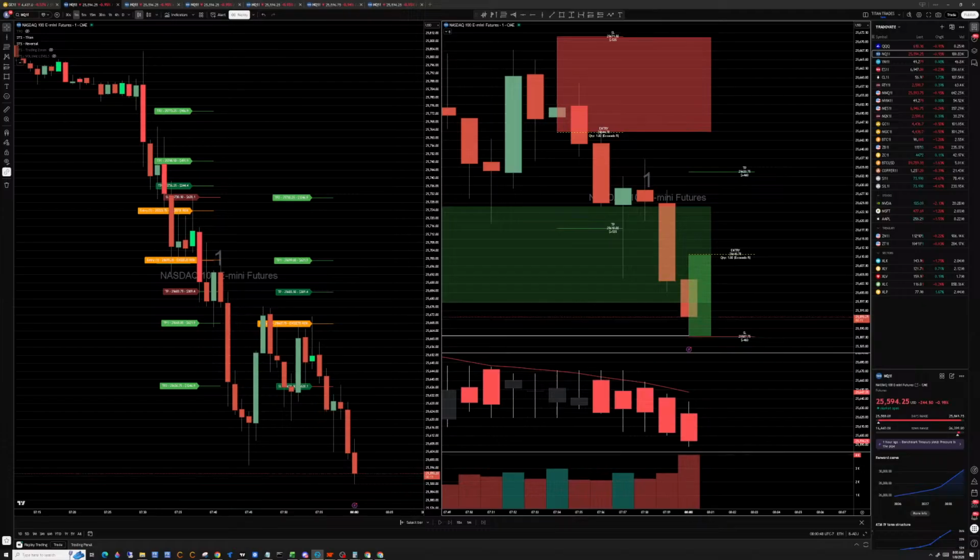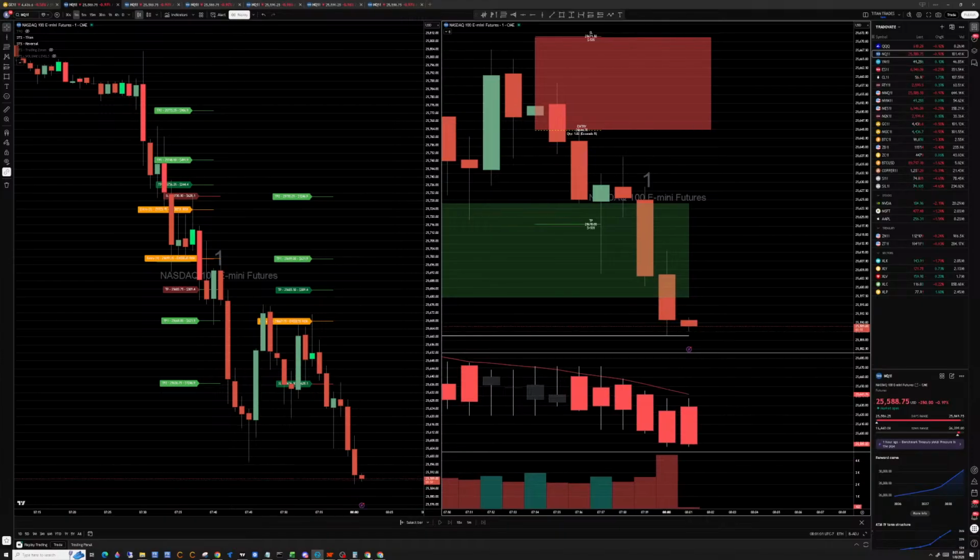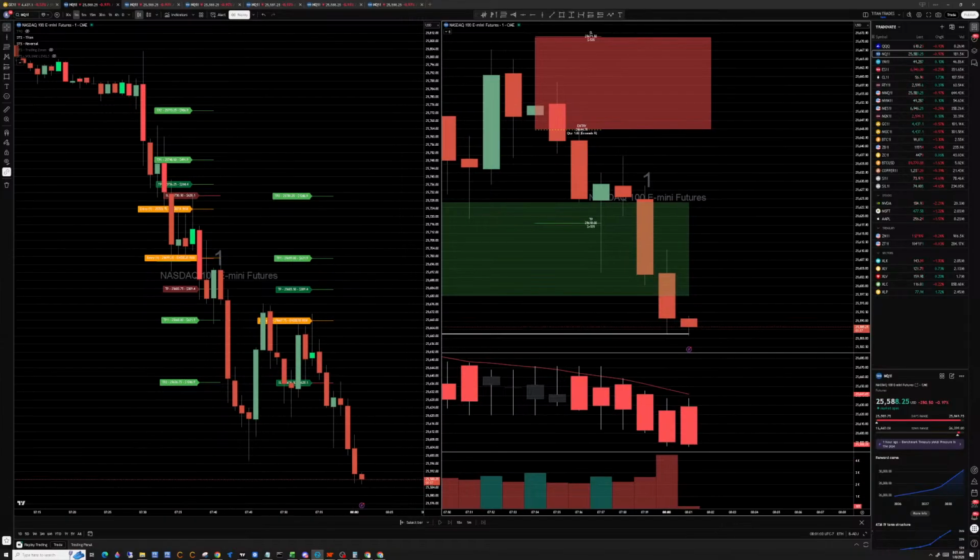I don't want to be early. Kind of close to yesterday's low too. Just to put it out there, yesterday's low is 60 points away.